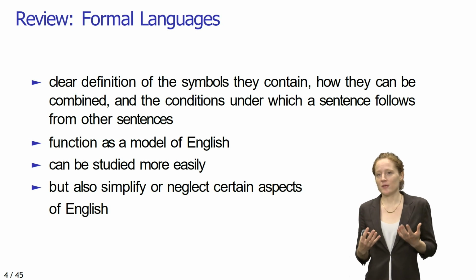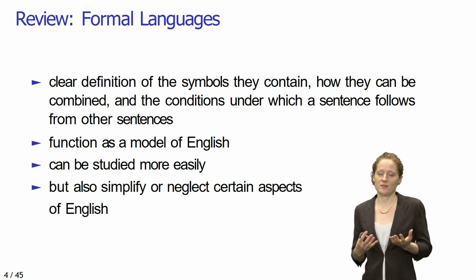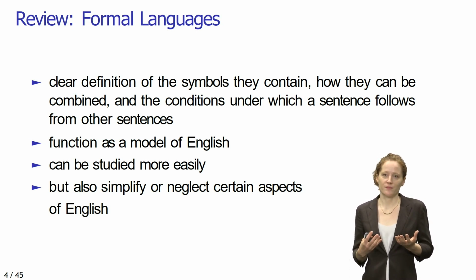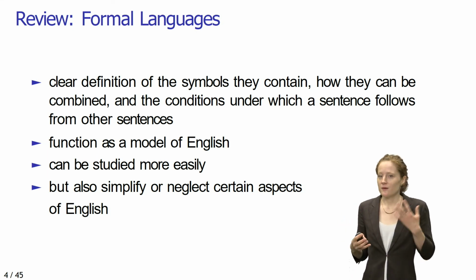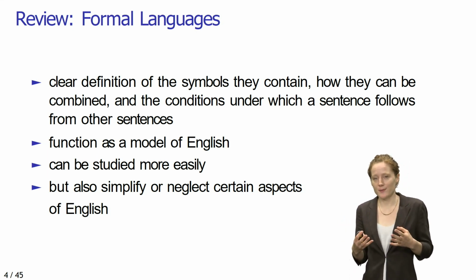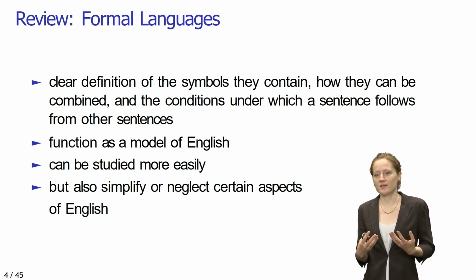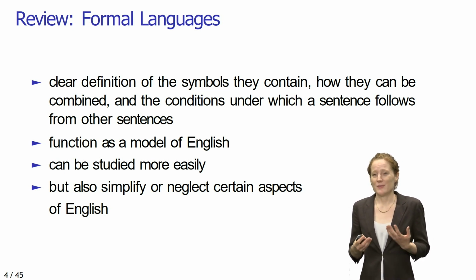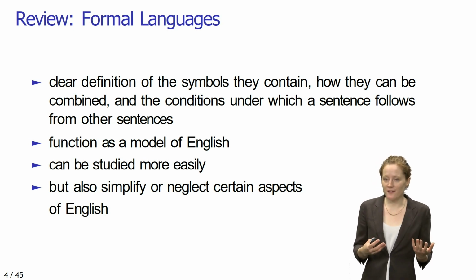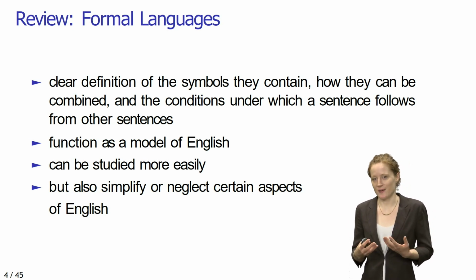So that means that we use them to represent certain aspects of English. Now, why do we do that? Primarily because formal languages, in virtue of their clarity and precision, can be studied more easily. But formal languages also simplify and neglect certain aspects of English.